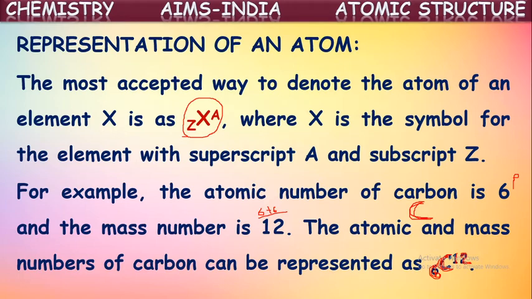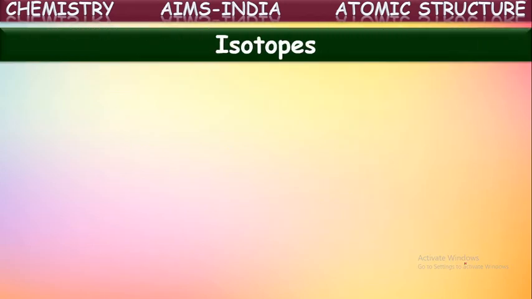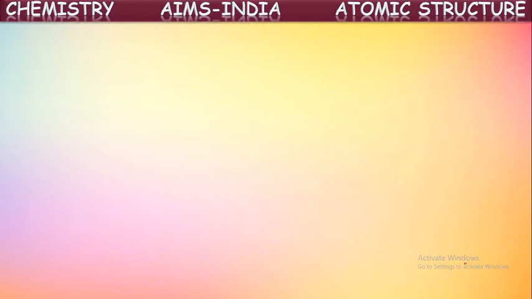Okay, in this way, atoms of elements are denoted by using symbol, atomic number and mass numbers. So, based upon the number of fundamental particles present in the atoms, different atoms of elements are compared to one another. So let us see those comparisons now.